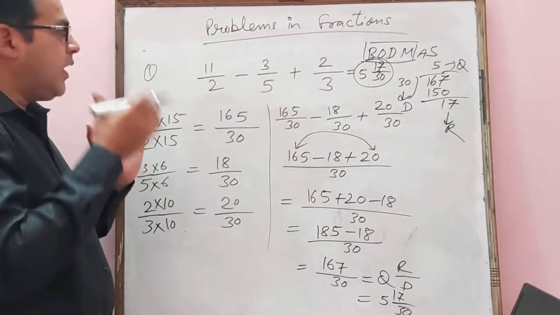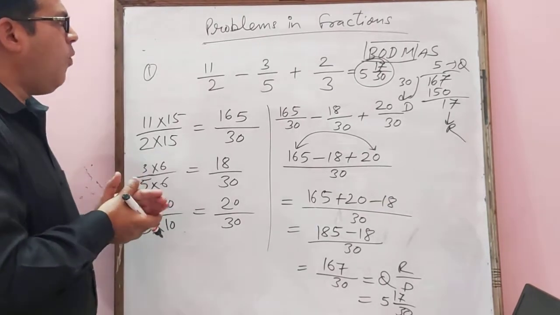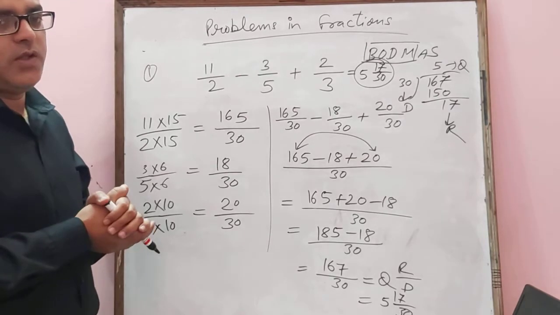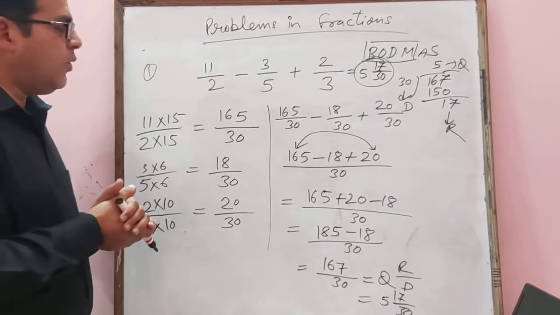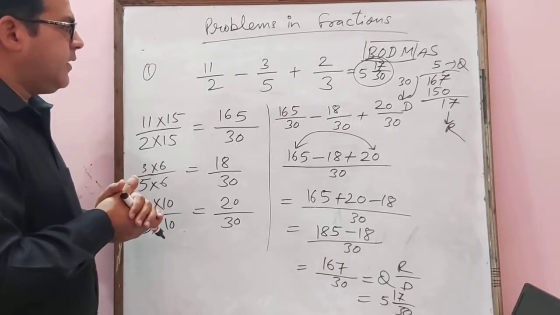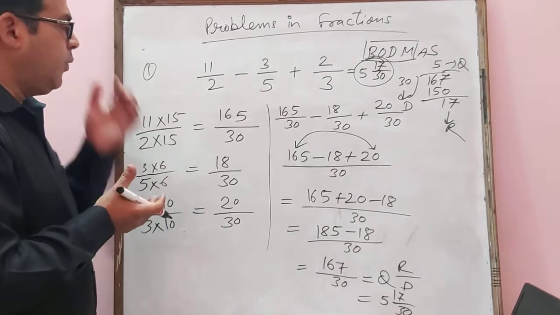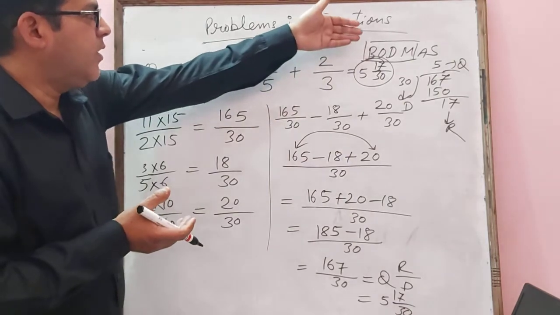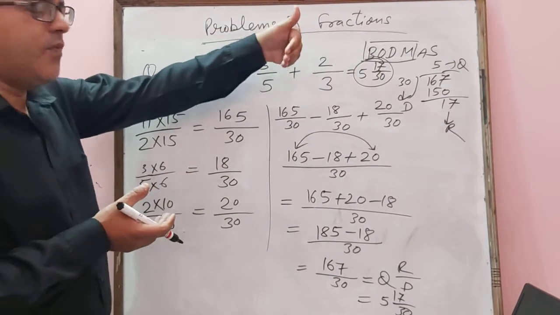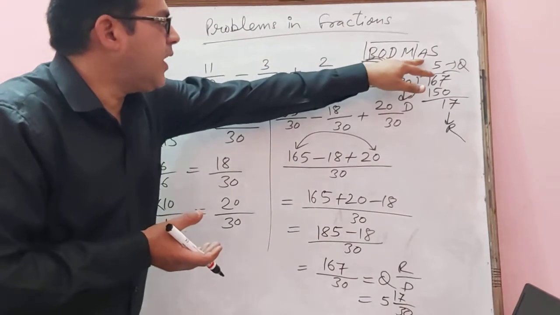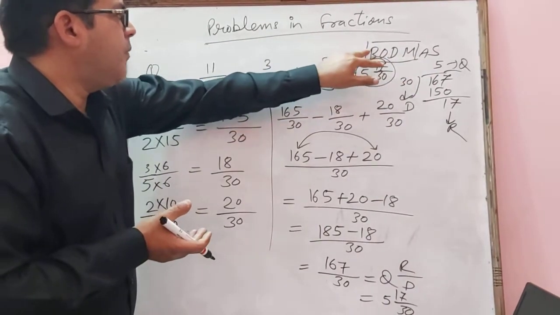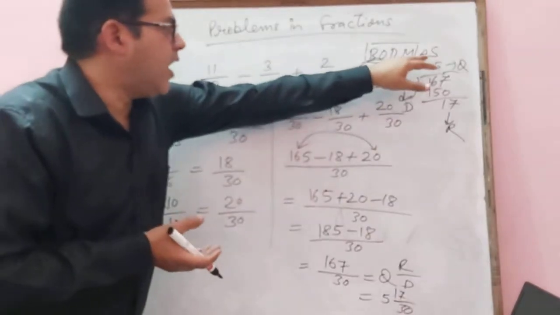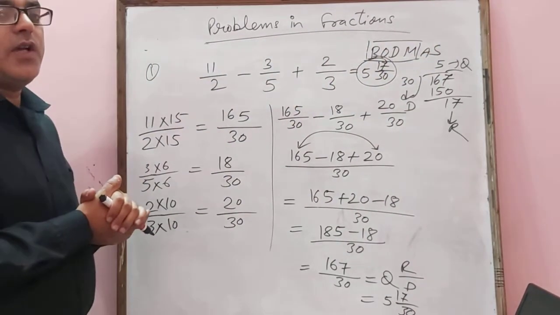So in today's lesson we learned how we can perform more than one operation together. We also came to know about this BODMAS rule, which operation we perform first. First addition we can do if brackets, division and multiplication are not given, and at last we have to perform subtraction.